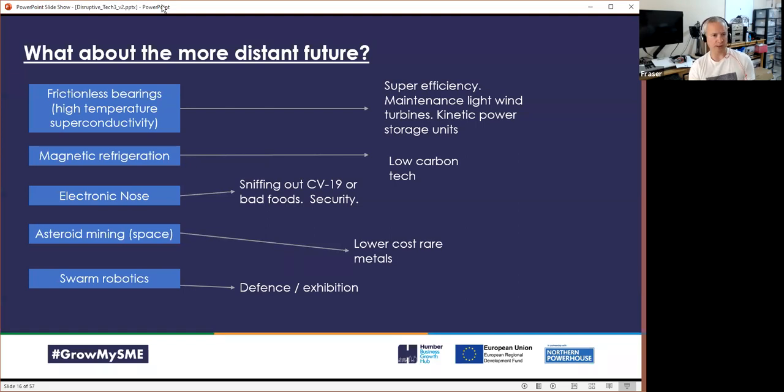The electronic nose, you can imagine the applications for something like that, sniffing out COVID-19, fantastic. Security at the airport, I think we'll see a lot of applications for something that replicates the human senses. Asteroid mining, well, you've seen it on TV, you've seen it in the movies, definitely a way of getting our minerals or metals that we need, like lithium, important for some other disruptive tech.